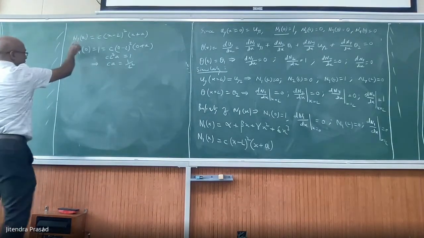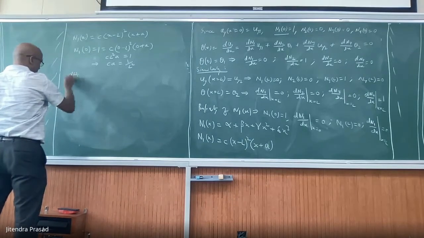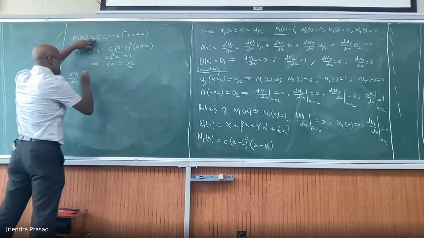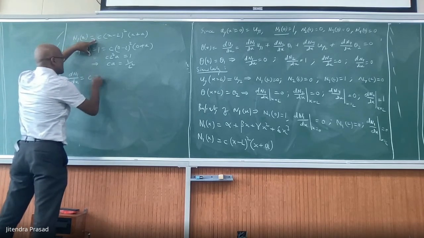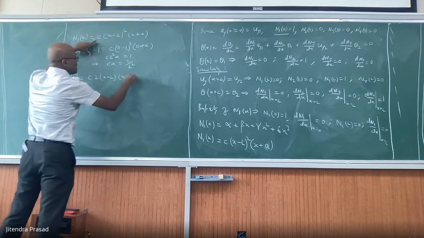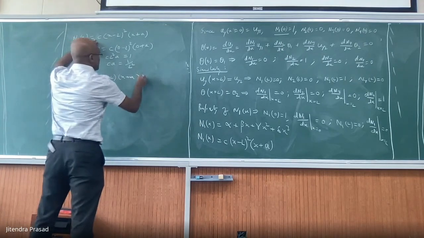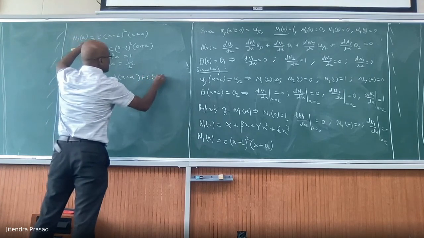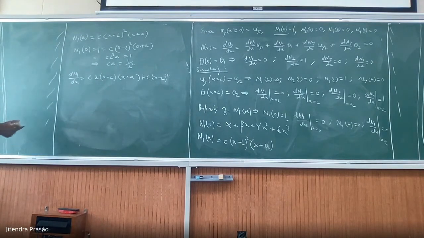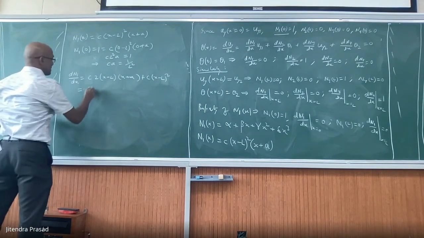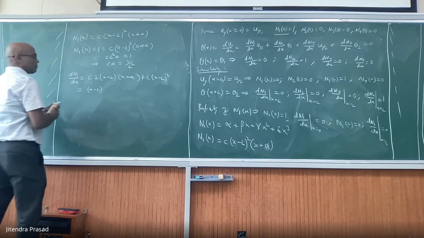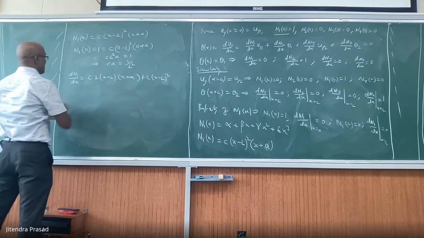Now next, we have to take the derivative of that. dN1 over dx is equal to what you get? You have c, then you have 2 multiplied by (x minus L), (x plus a), plus c (x minus L) square. That's it, right? So x minus L will be outside, but it doesn't matter, we can just put in the values.